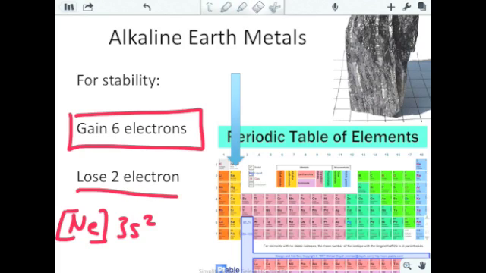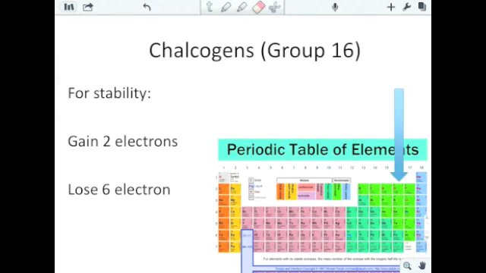So it can either gain 6, or if it loses 2, it becomes the noble gas, and its electrons have the same structure as a noble gas. For our chalcogens, the oxygen family, to become a noble gas, they can either gain 2, so anybody in the oxygen family can gain 2, or they can lose 6.